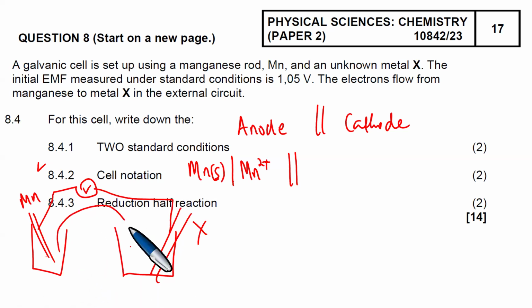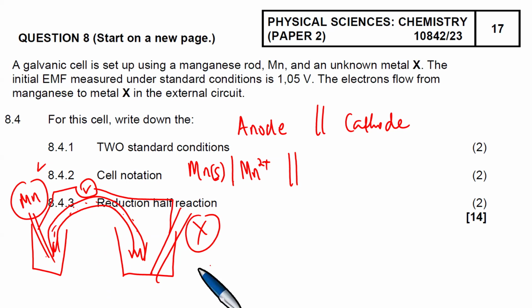But now you have your manganese there and the metal X. So you put the manganese like this. Then you start reading this: you have the manganese electrode, the manganese rod.